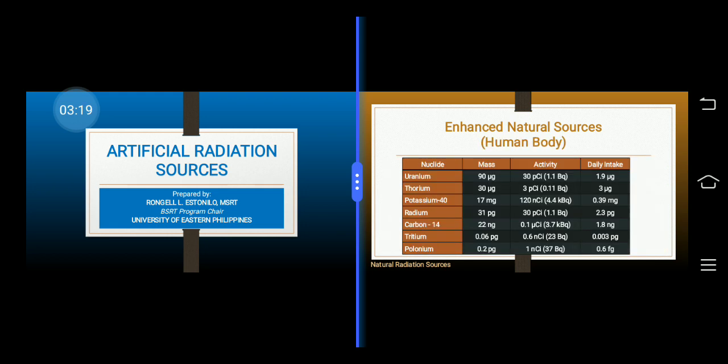We also identified the different radionuclides present in the human body, such as uranium, thorium, potassium-40, radium, carbon-14, tritium, and polonium.